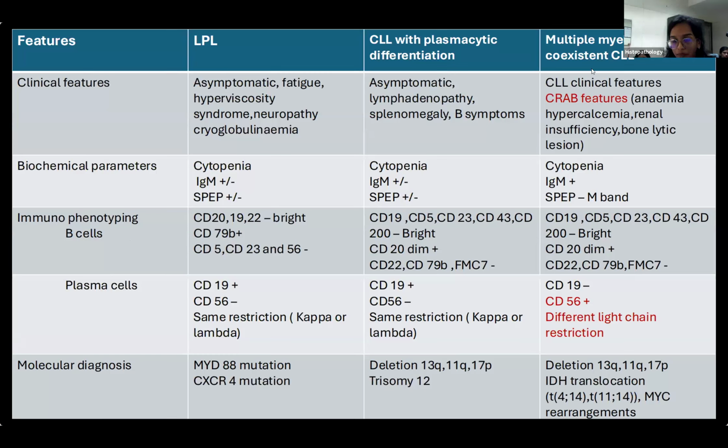But in case of multiple myeloma with coexistent CLL, the B cell will show some other light chain restriction, and the plasma cell will show another restriction. That point is understood. Different clonal populations. Okay. Yes.